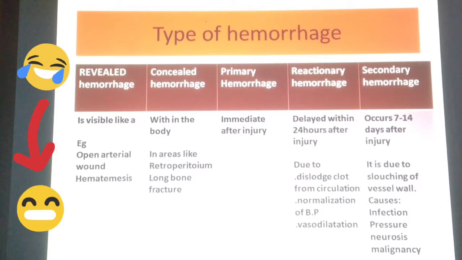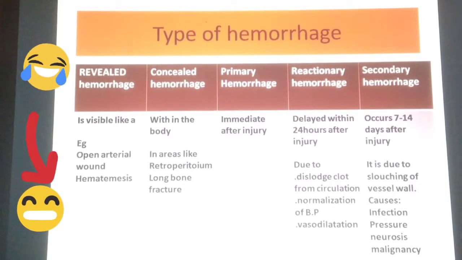Or it occurs when the blood pressure normalizes, because in a state of shock there is vasoconstriction all over the body due to increased catecholamines. When the concentration decreases and the blood pressure normalizes, blood is restored to all of the body, and similarly through such areas bleeding begins. It can also be due to vasodilation.